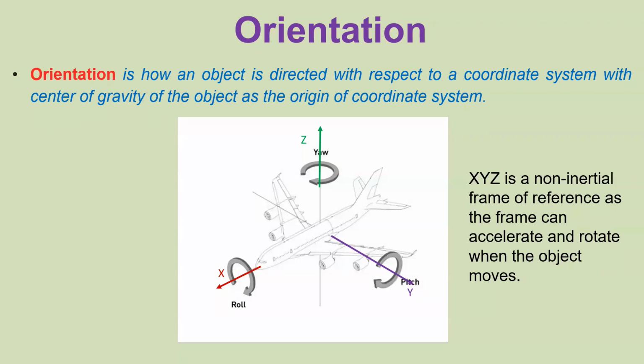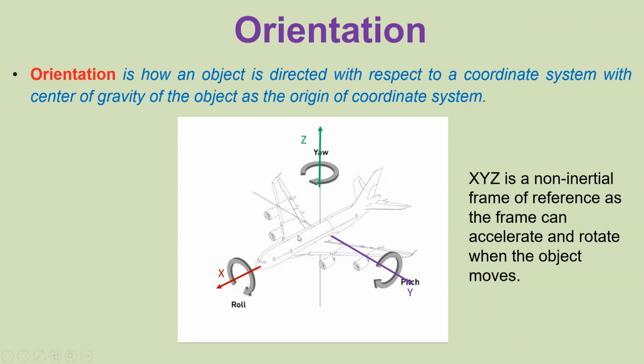So before learning what a gyroscope is, you have to know the meaning of orientation. So I have defined what orientation is here. Orientation is how an object is directed with respect to the coordinate system, with the center of gravity of the object at its origin.